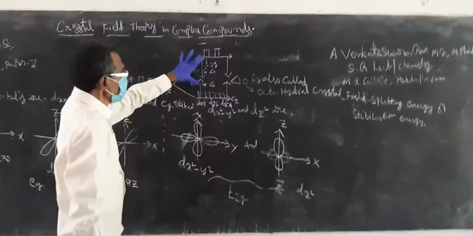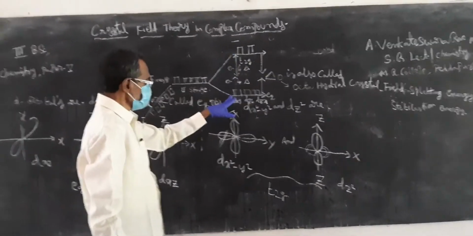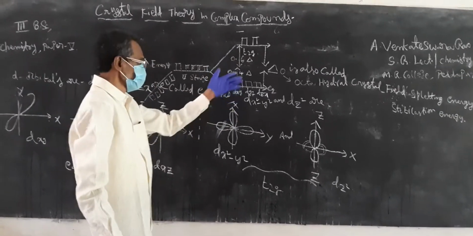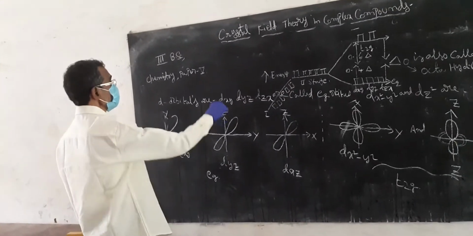These are higher energy and less stable. Those are lower energy and more stable.